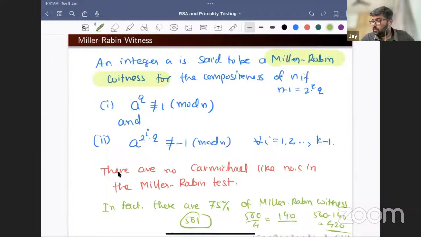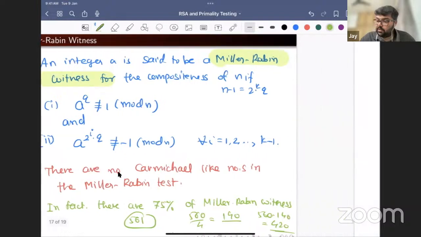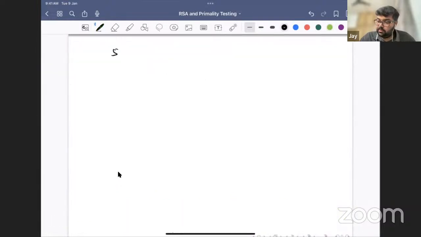Before we conclude, let us check how 561 gets caught here. 561 was a Carmichael number. It passed Fermat's property for all integers a from 1 up to 560.